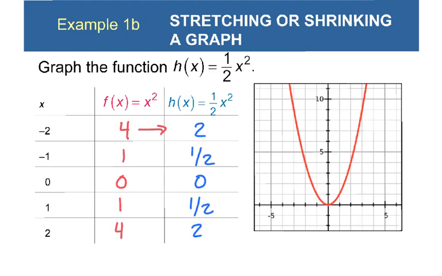Now let's plot these points. 0 and 0, still there. 1 is at 1/2. So right there. Same goes for negative 1, it's at 1/2. And then negative 2 and 2 are at 2. All right.